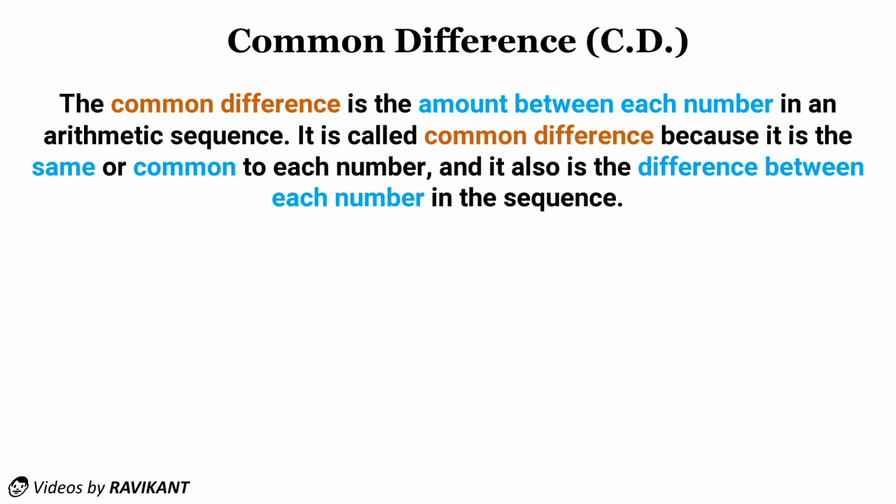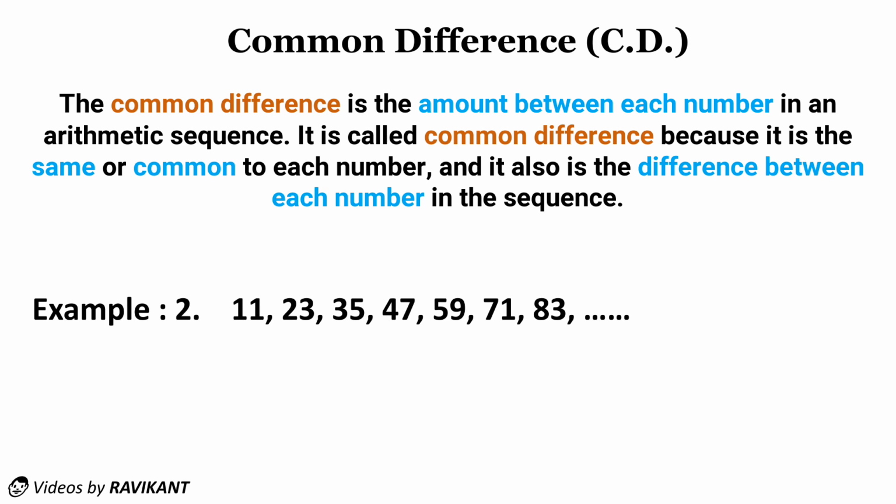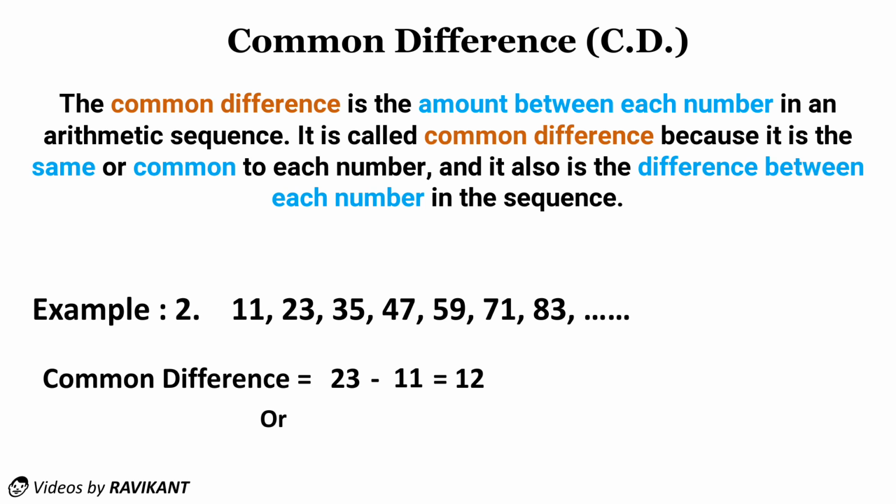Next we have another example. We will do the same as we did in the previous question. Subtract the first term, which is 11, from the next term, which is 23. Then we get the common difference 12. Now 35 minus 23 is also equal to 12. Same, 47 minus 35 is also equal to 12.